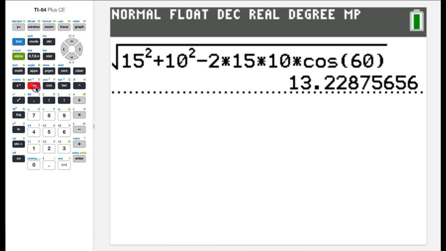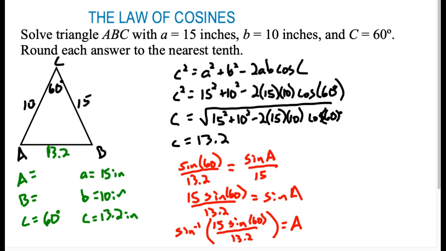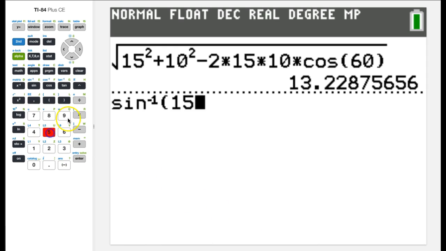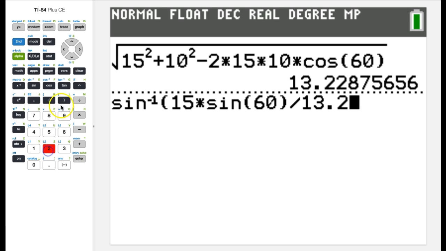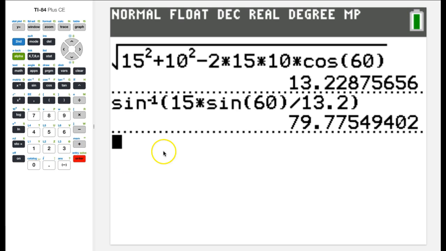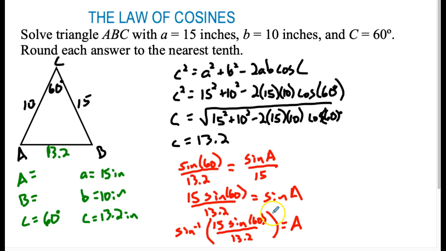So inverse sine of 15 times the sine of 60, close the parentheses, divided by 13.2. I get 79.8. So angle A is about 79.8 degrees.